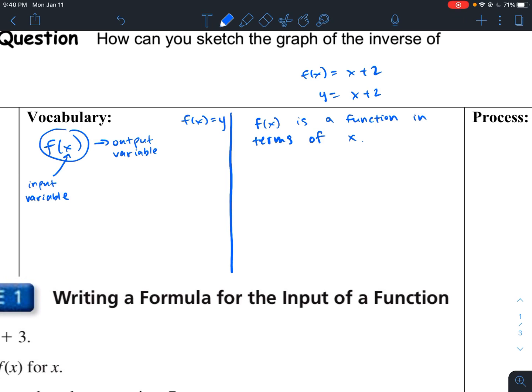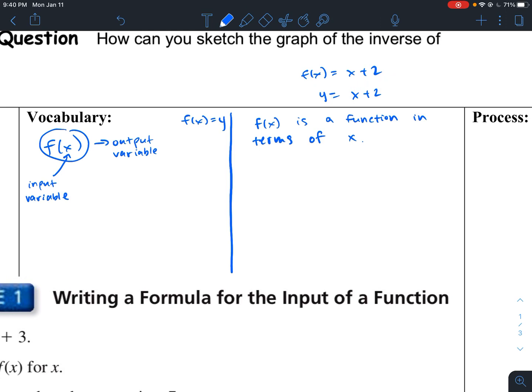Now, what we're going to be doing today is finding an equation for the output, or for the inputs. Here, f of x and y is expressed in an equation in terms of input variables, right? So if we wanted to find the value of y, we would first need to input an x value.